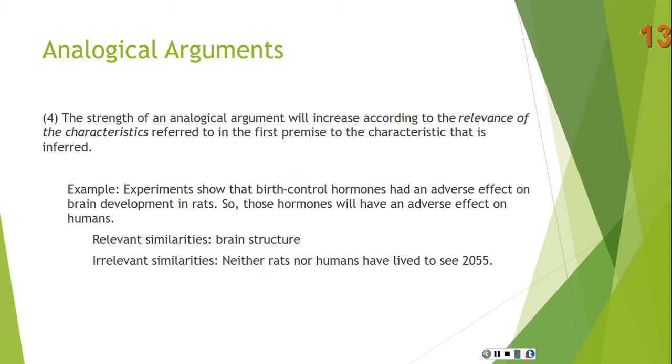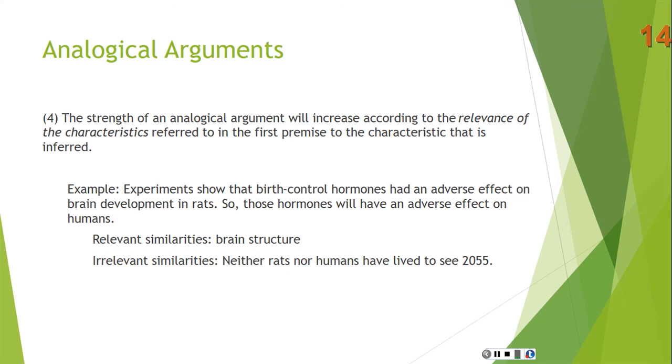So, it's relevant that they have a similar brain structure. Yeah, my bad. It's relevant that they have a similar brain structure. Okay, so the rats and the humans, their brains are both structured in this certain way, and the hormones had an adverse effect on the brain development in rats, so it'll have an adverse effect on humans.